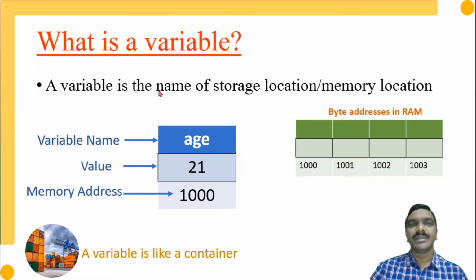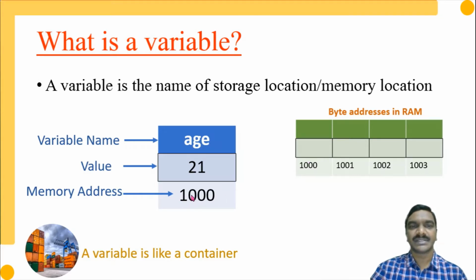Now a variable is the name of storage location. Here to this storage location you can give a name, and in this memory location you can save something. It may be a number or it may be a character. You can save like this, 1000.